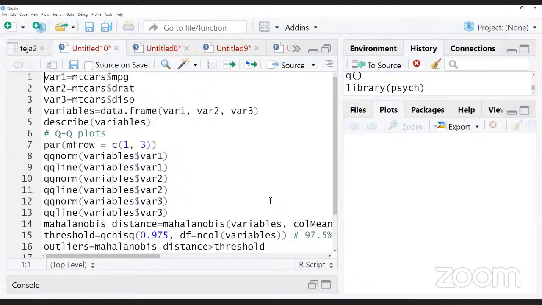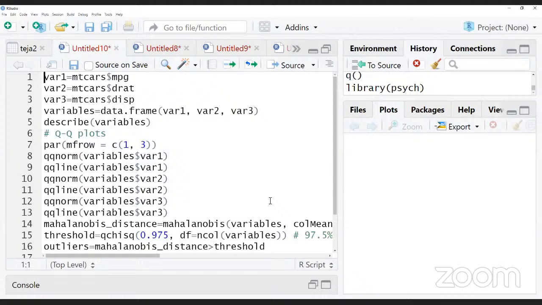After that, you have to check the multicollinearity. Multicollinearity, what is that? If we find that these three variables are correlated with each other by 0.95 or 0.99, that means these three variables may be the same variable, or they are measuring the same properties.